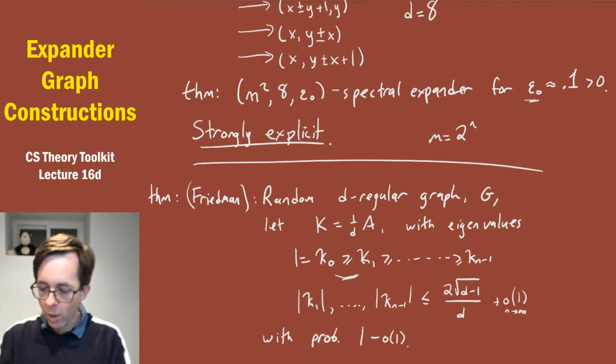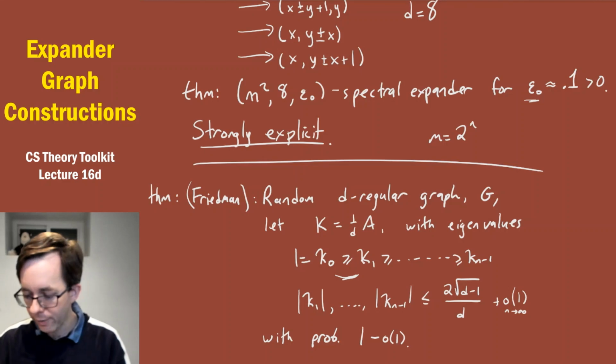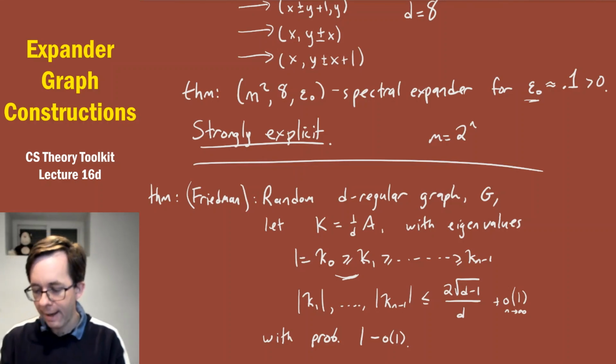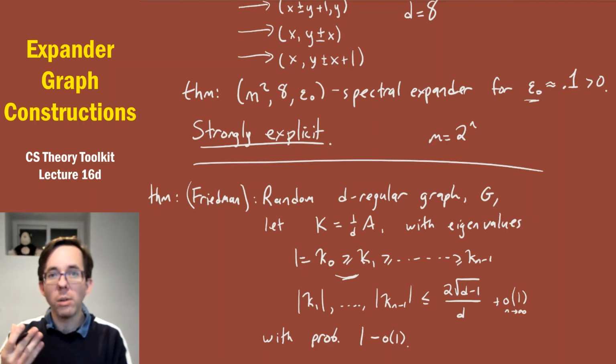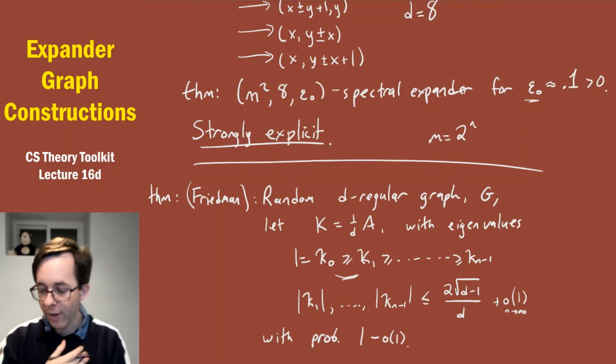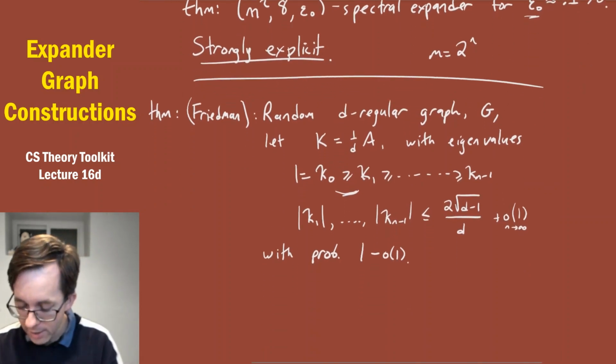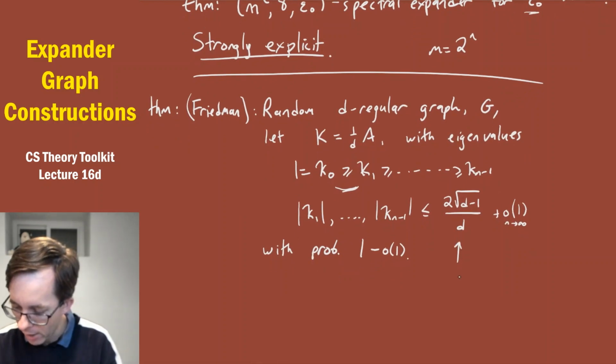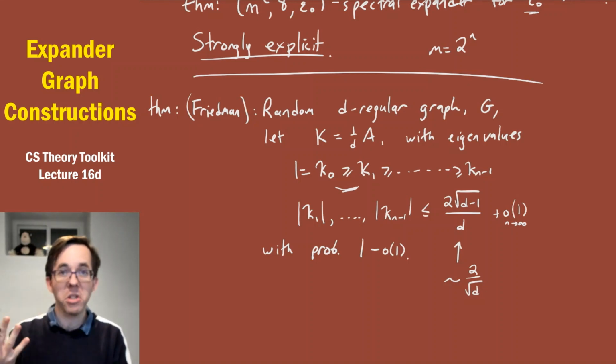So Friedman's theorem says with high probability, you pick a random d-regular graph G, and you look at the eigenvalues of its transition matrix. You're hoping that they're all, other than the trivial one, bounded away from 1. And in fact, they're all super close to 0. This is the exact magic number, but in your head, you can just think of this as asymptotic to 2 over root d. If you make d a big constant, this is really close to 0.